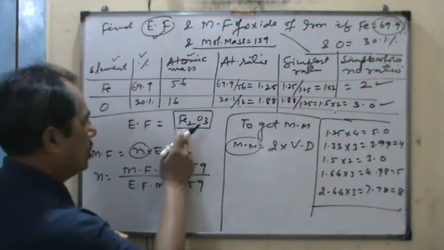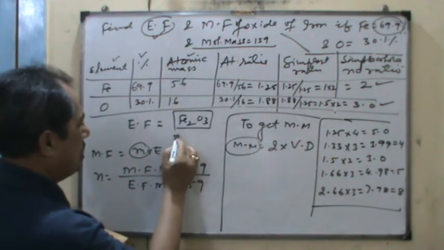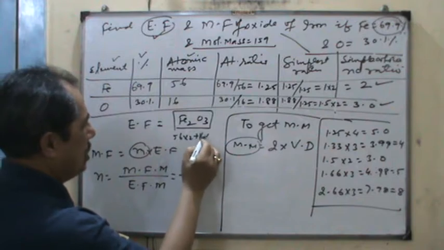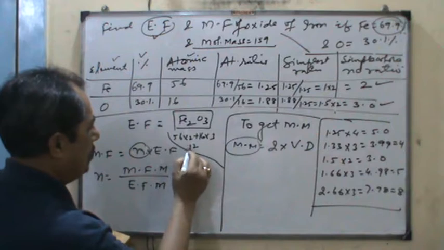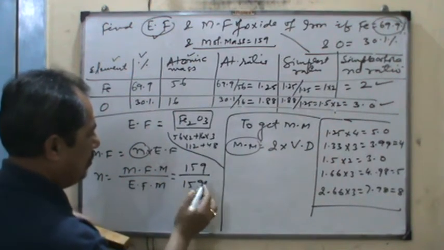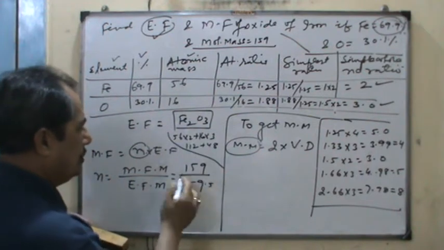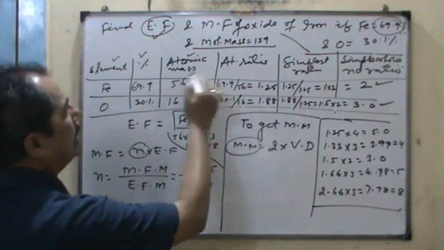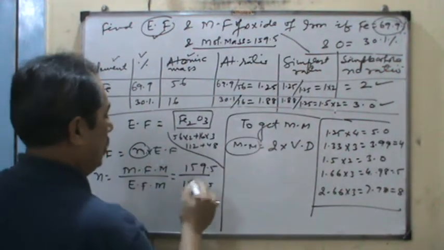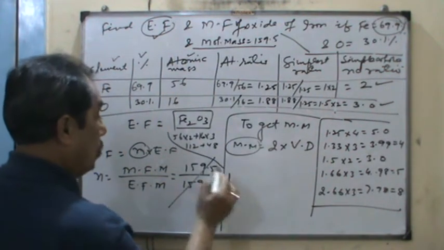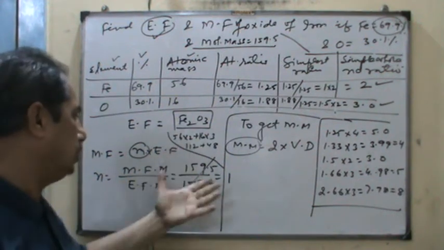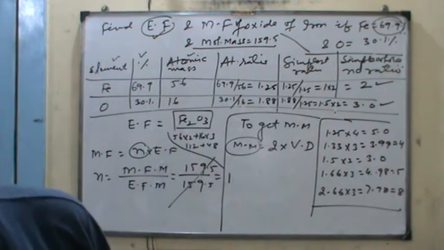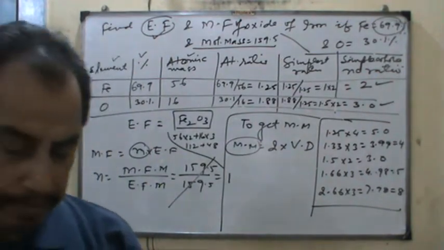So 159 over approximately 56 into 2 plus 16 into 3, that means 112 plus 48, which is about 160, or 159.5 whatever it is, depending on what is given.